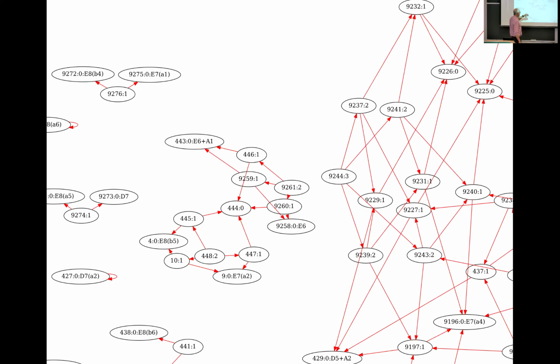Right here, for example, each of these points is labeled by its dimension. So this is a two-dimensional facet, and it has three one-dimensional things on the boundary and three zero-dimensional things on the boundary. So that's a triangle, and then that's a triangle, and this is two triangles attached at a point.